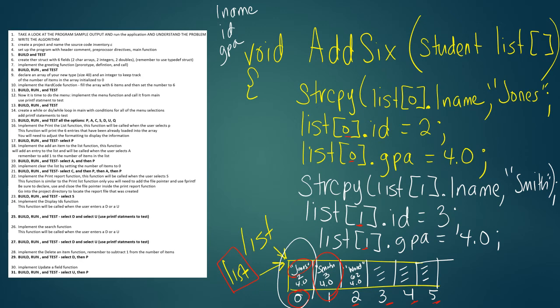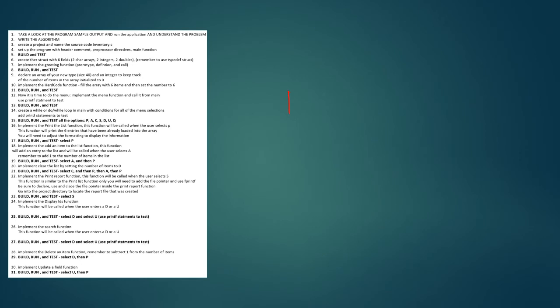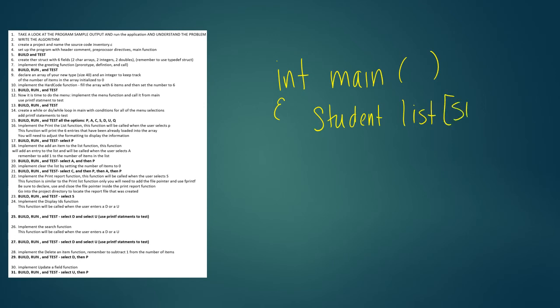Now the most important thing though, when you are in your main function, and you have your student list that's capable of storing 40 items, and you have your int count, that when you have nothing in your list is a 0.